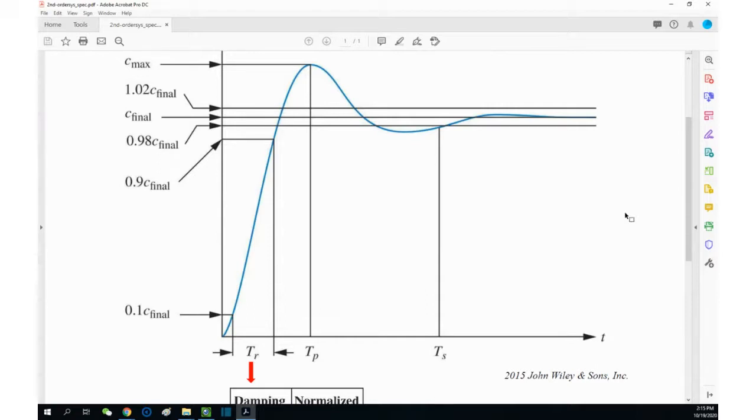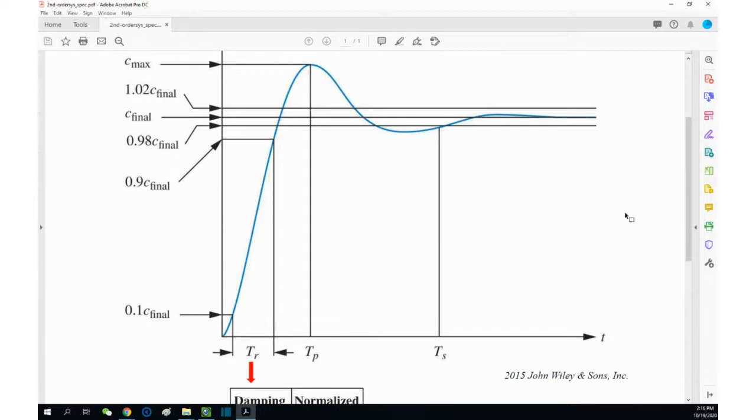You need to have those relations, those formulas on your cheat sheet, so that based on TP, TS, you are able to find zeta and omega n. Or maybe just the real part and the imaginary part of the poles.